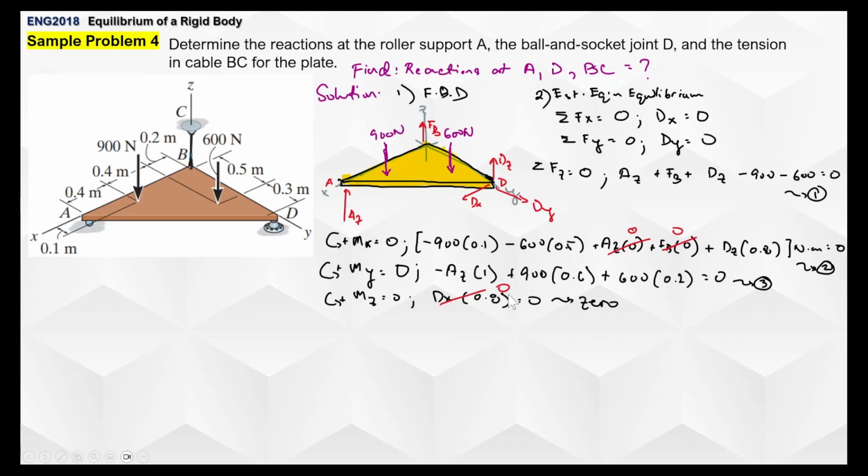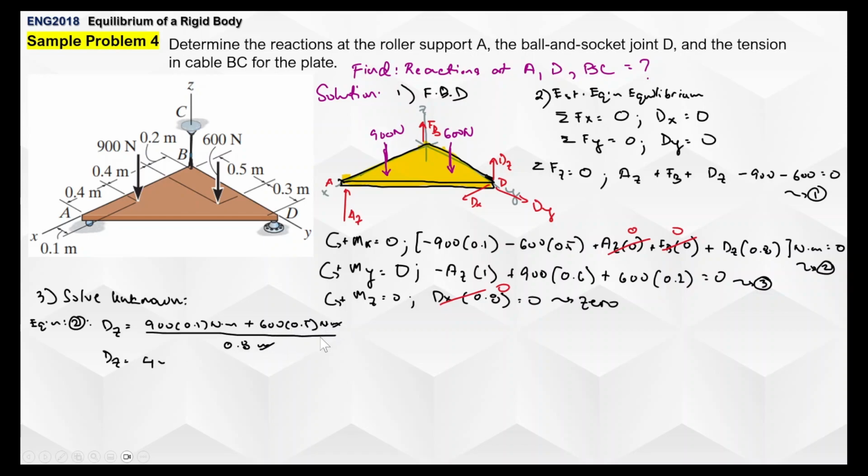So from here, we just solve the equations since we have enough equations already to solve our total number of unknowns. So that's going to be az, fb, and dz. From equation 2, we can now solve dz. Isolating dz, 900 times 0.1 newton meter plus 600 times 0.5 newton meter divided by 0.8 will give you 487.5 newtons positive.